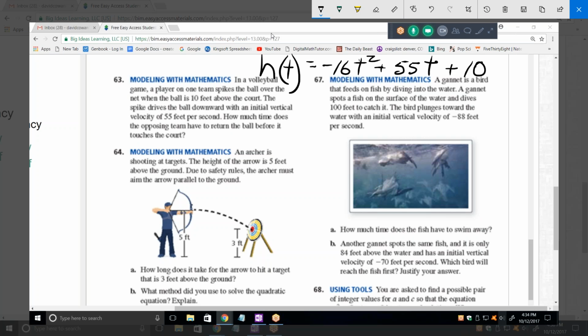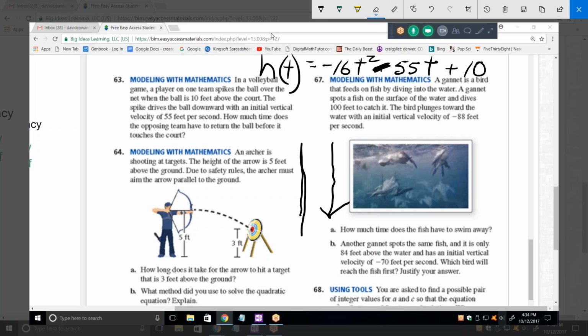Right. And her velocity that she spiked the ball is going to make it go down faster, not slower. So if I were to leave that being a plus sign, it would mean that she would have hit the ball up and then it comes back down. So if she's striking it straight down, then it's a negative 55 feet per second. Right. Okay.